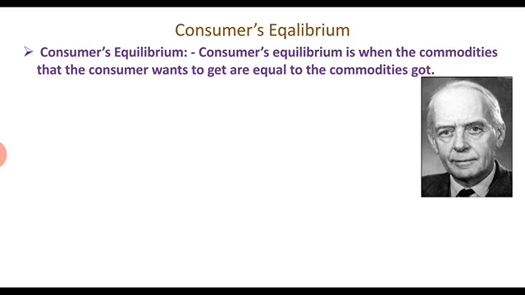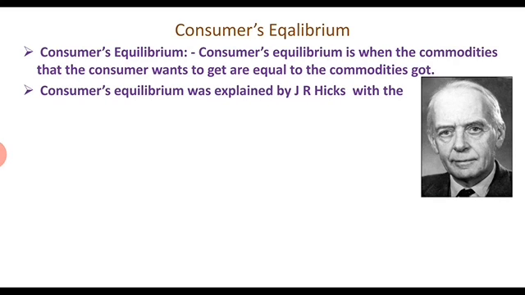Consumer's equilibrium is when the commodities that the consumer wants to get are equal to the commodities got. Consumer's equilibrium was explained by J.R. Hicks with two aspects through ordinal utility analysis.